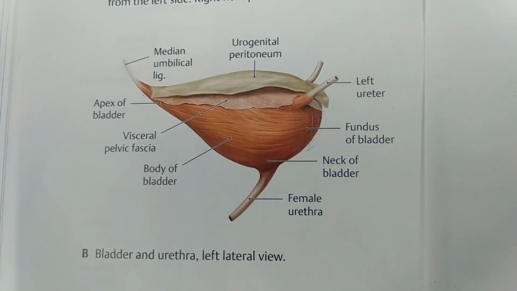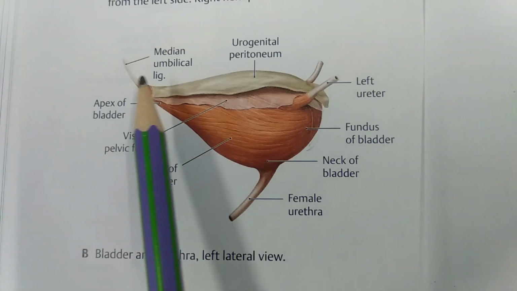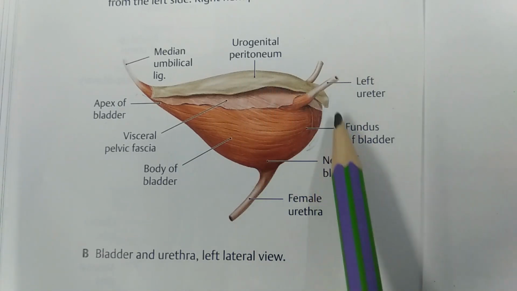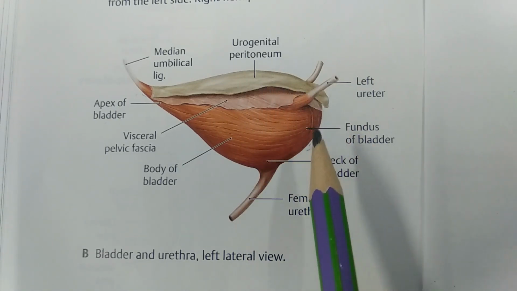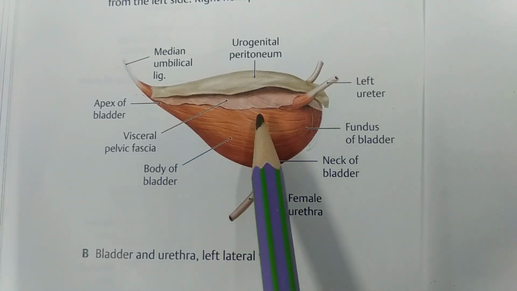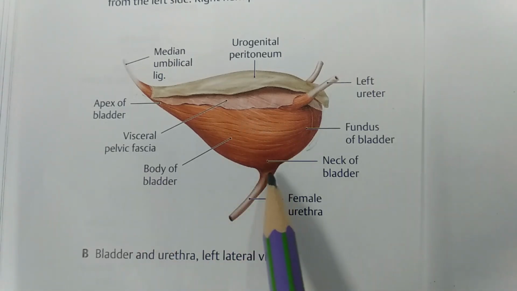Now, the empty bladder is pyramidal in shape, having an apex here and a base here, one superior surface and two inferolateral surfaces. It also has a neck here.